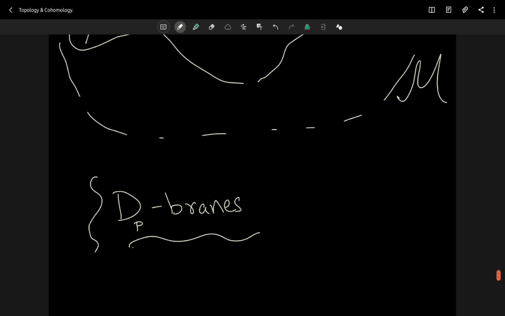And well, that is just diving into string theory, and this knowledge of topology and cohomology is extremely useful if your main focus is on string theory. And of course, it has many other uses as well.